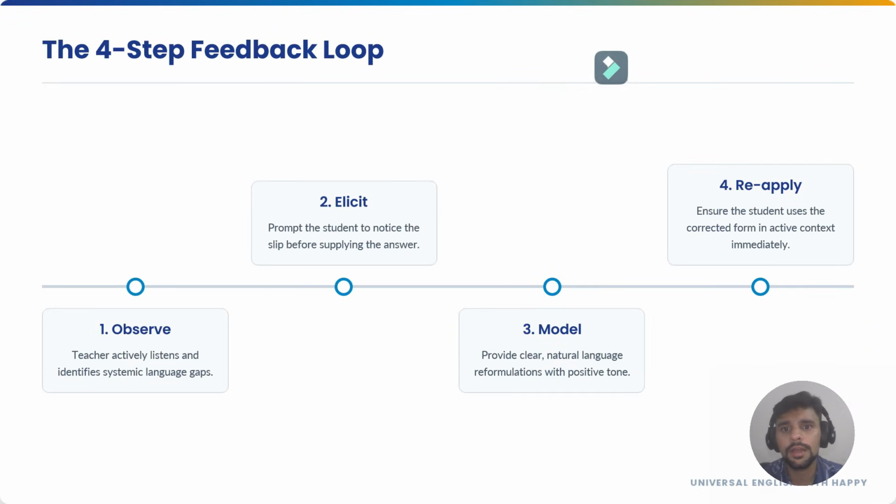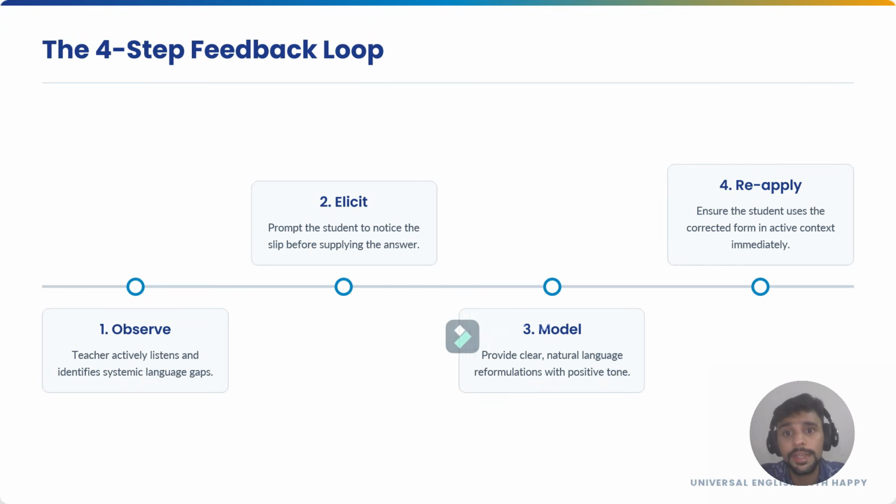In this slide, I would like to point out the 4-step feedback loop, a systematic method for correcting errors effectively in real time. Step number 1. Observe. Listen actively, and distinguish between a slip, a minor mistake due to tiredness or speed, and a systematic error, a genuine lack of language knowledge.